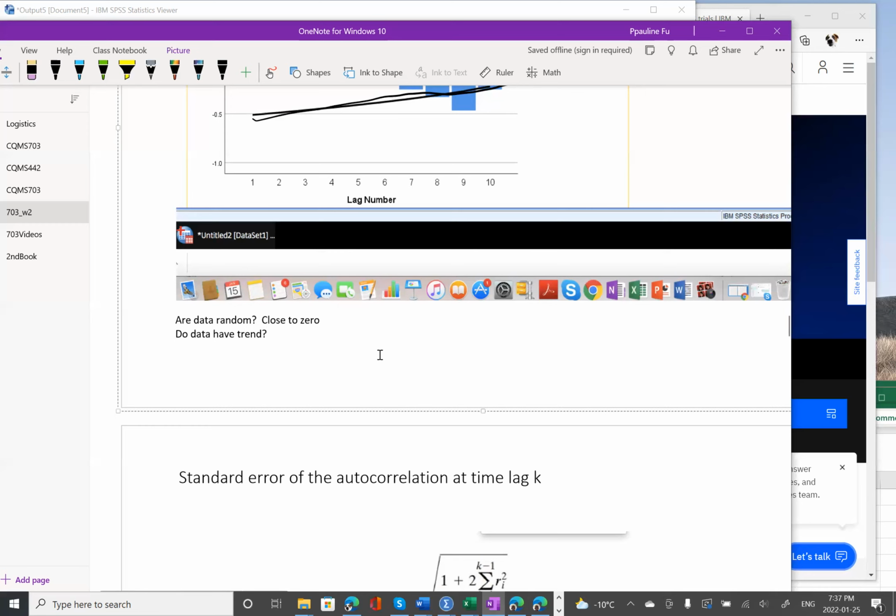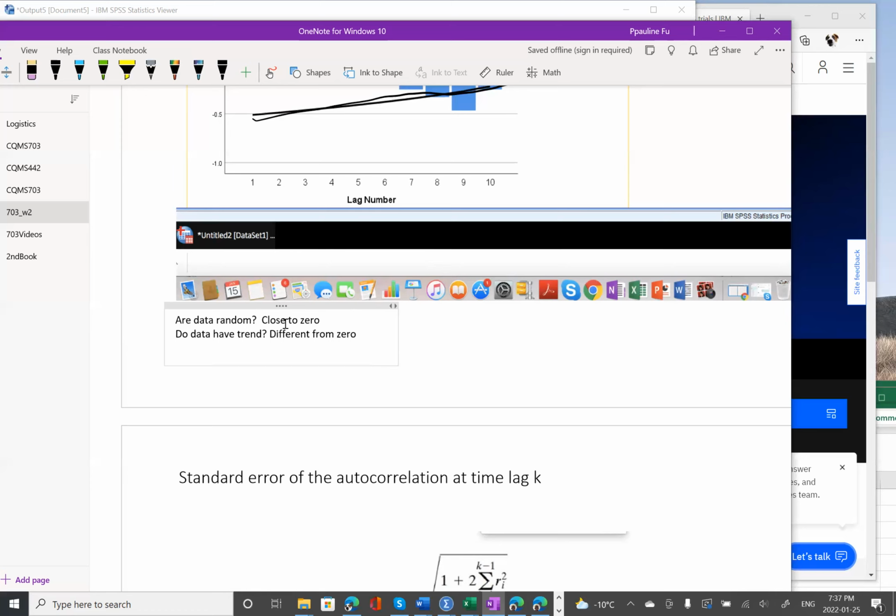You take a look at the autocorrelation. If autocorrelation is different from 0, it is an indicator that data has a trend. If it is different from 0, it also indicates the data are highly related.